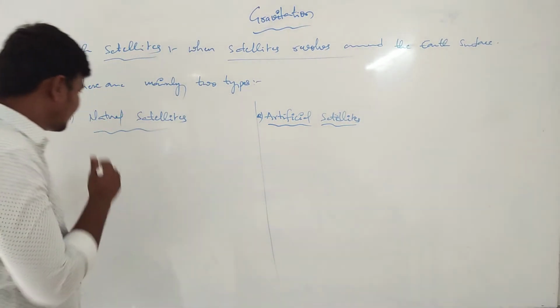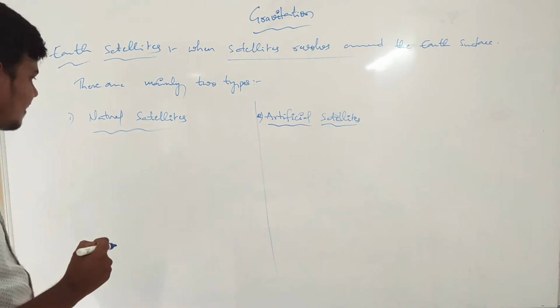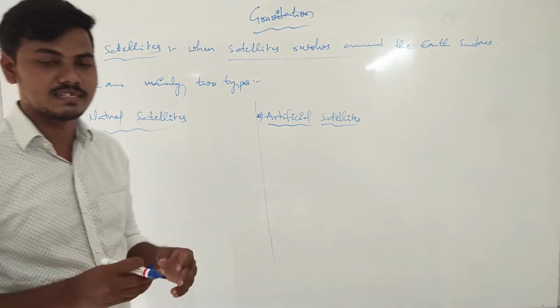Now, what is the definition of natural satellites? A natural satellite is one that occurs naturally.